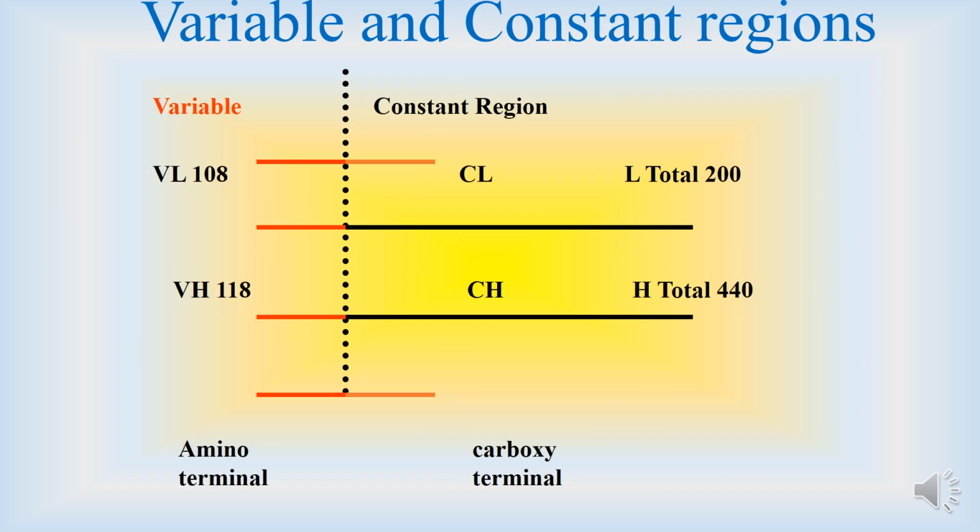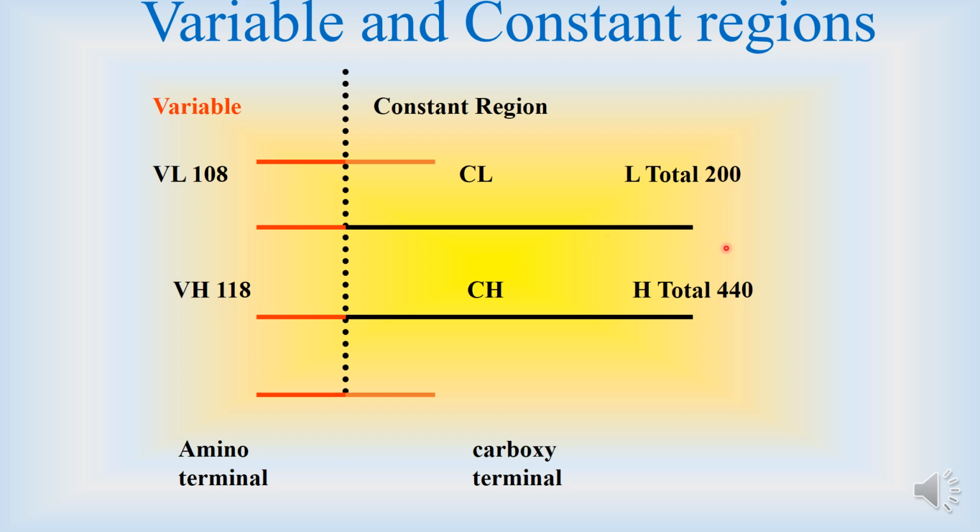Now we will take a look at the variable and constant regions of an immunoglobulin. You must be wondering why it is known as the variable region. The first 108 to 110 amino acids lying in the variable region of both heavy and light chain are highly variable, and the amino acids present in the constant region are comparatively less variable.